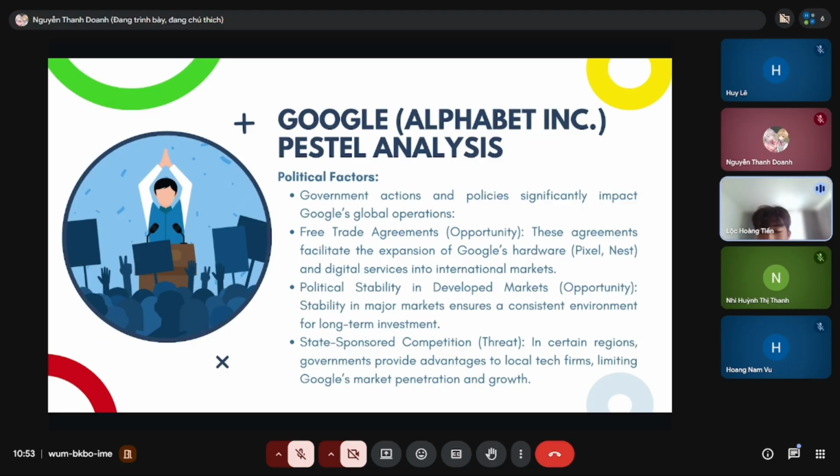Next is political stability in developed markets. The benefit is stability in major markets, ensuring a consistent environment for long-term investment. What are the threats? We will talk about state-sponsored competition in certain regions. Governments provide advantages to local tech firms, limiting Google's market penetration and growth.